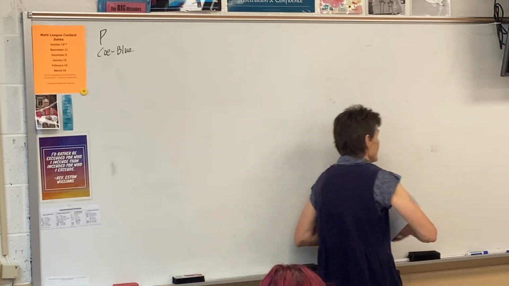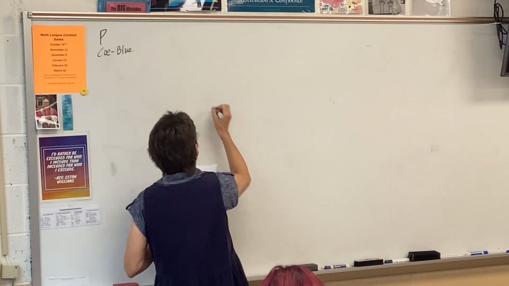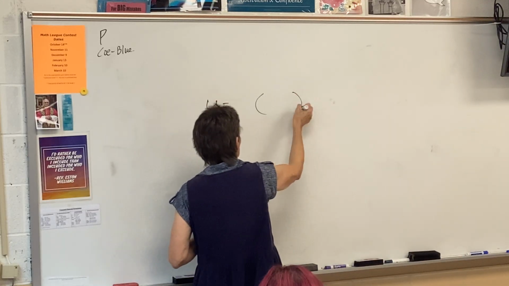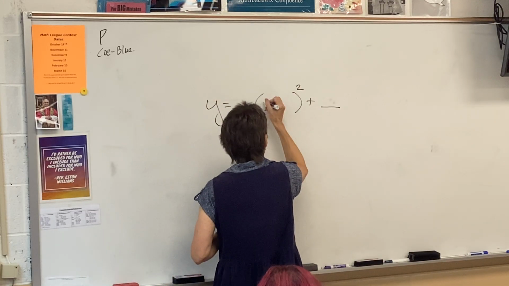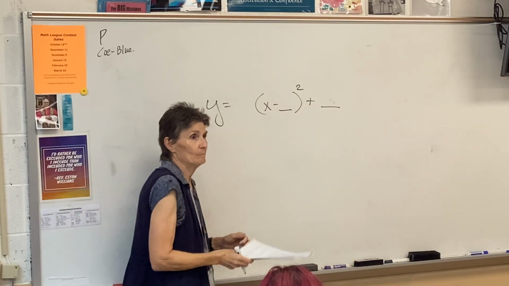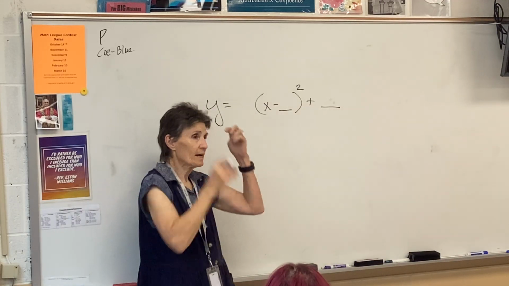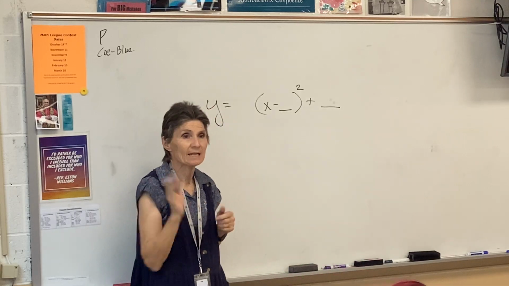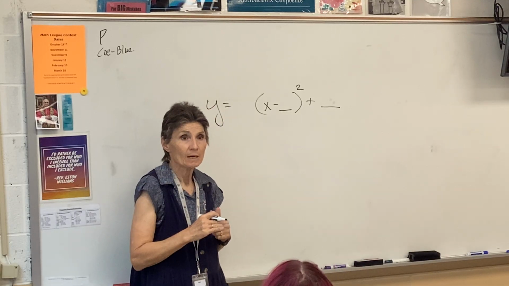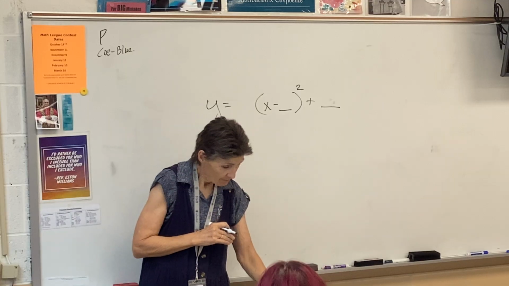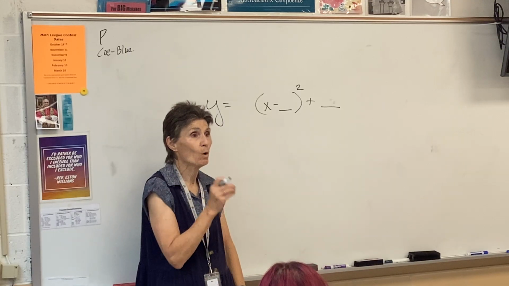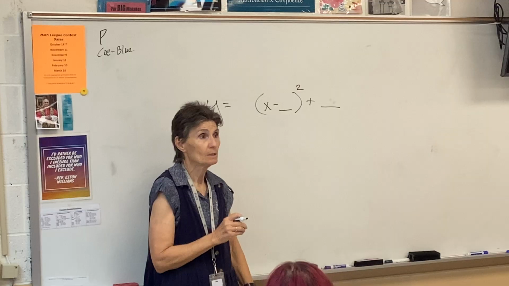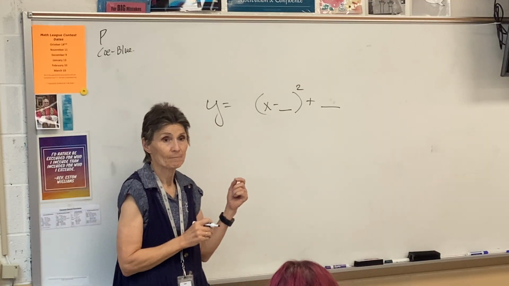The framework will look like that, because it's an x squared, but we are moving it sideways and up and down. How are we moving it? The vertex is -1, -2. So how is it moving?